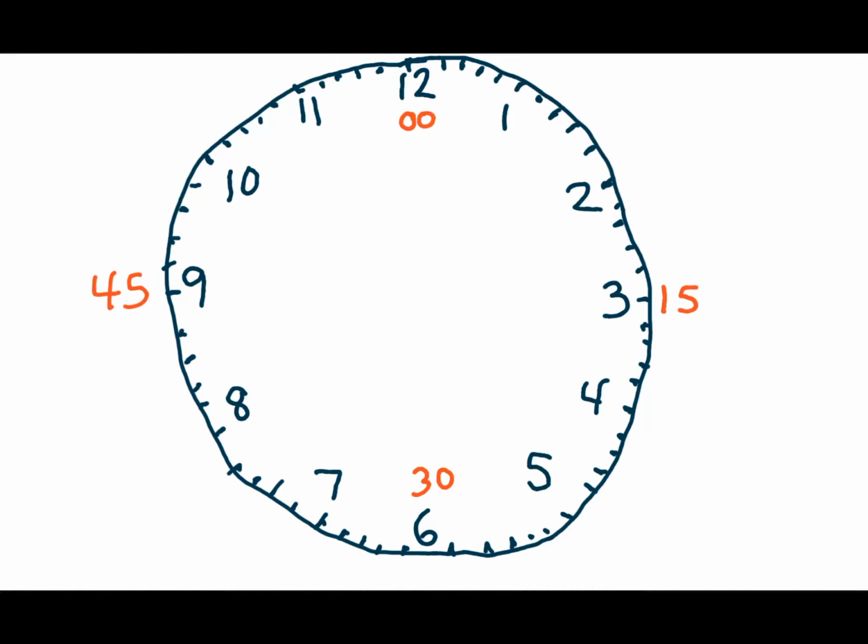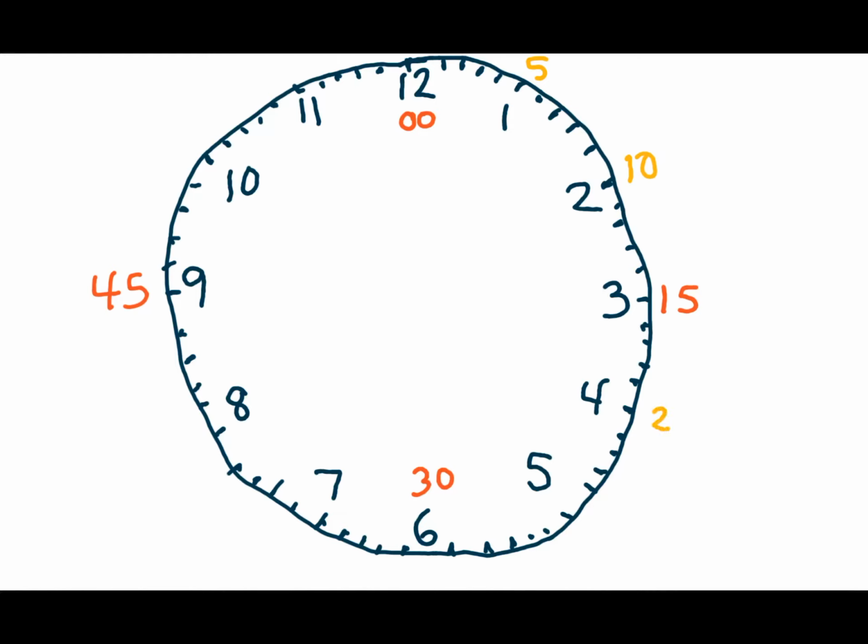Now, boys and girls, let's go ahead and count by fives. We'll write it down. The 12 is 00. So remember, by the 1, do you remember how many minutes? 5. I'm going to write it using a different color. I'll use the color yellow. So 5 for number 1. For number 2 was 10, 5, 10, 15, 20.